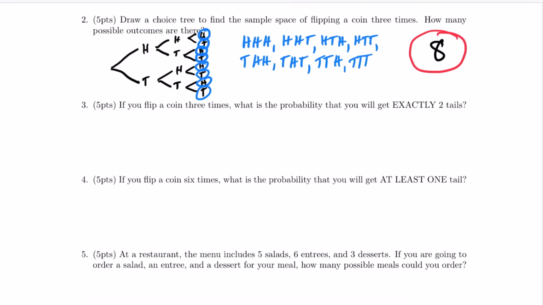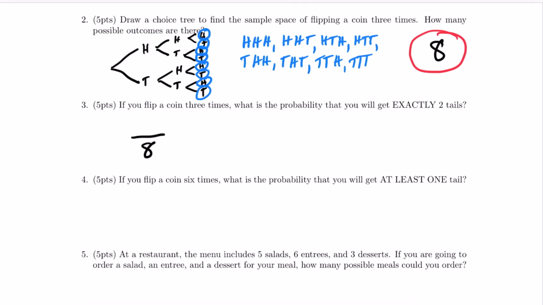That would be how you do question 2, and you need the results from question 2 in order to do question 3. Because question 3 says, if you flip a coin 3 times, what is the probability that you get exactly 2 tails? We haven't found any formulas for situations where we want exactly 2 outcomes. So in this case, we just need to say, well, there's 8 possible outcomes from question 2.